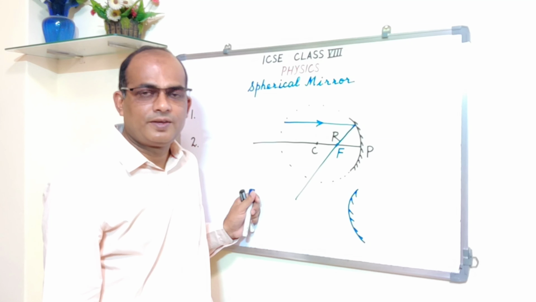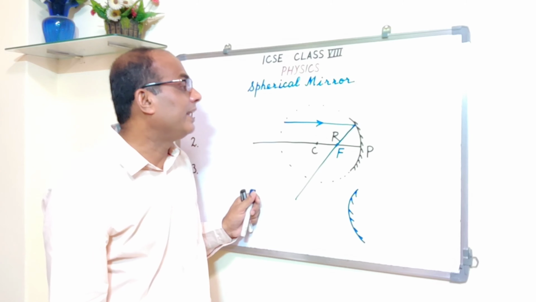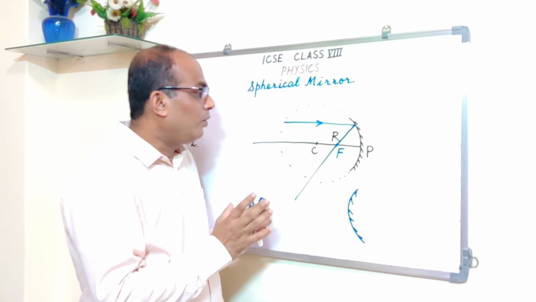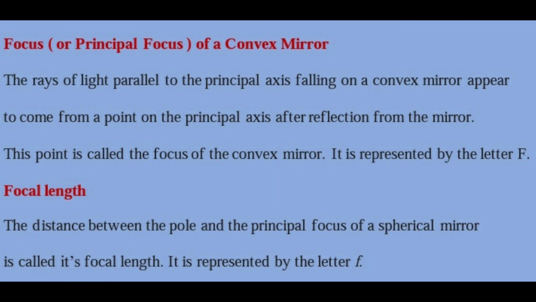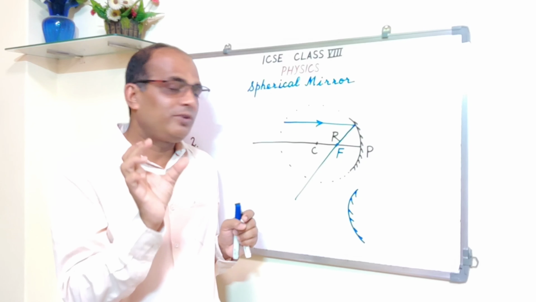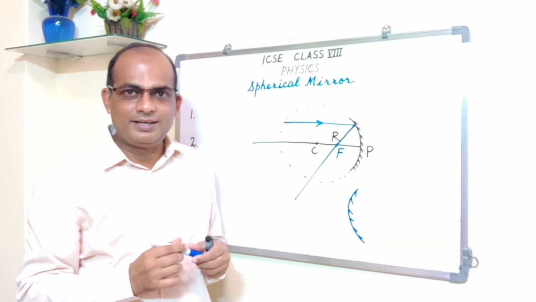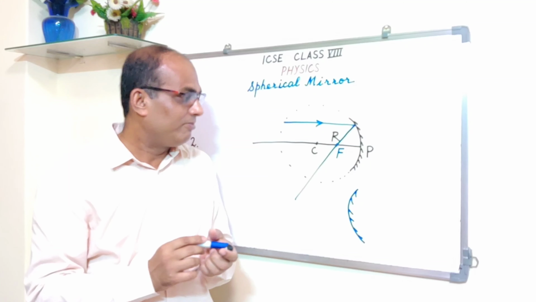Alright, clear? Okay. Now once it's clear what the focus or principal focus is, the distance between the pole and the principal focus, that means PF, is called focal length. PF is called focal length, and it is represented by small f.